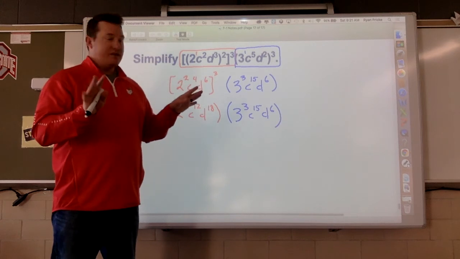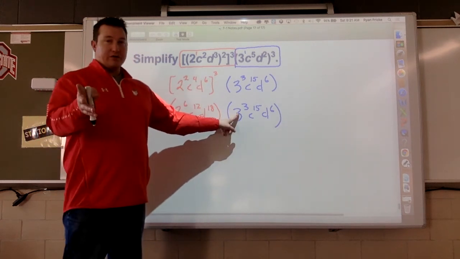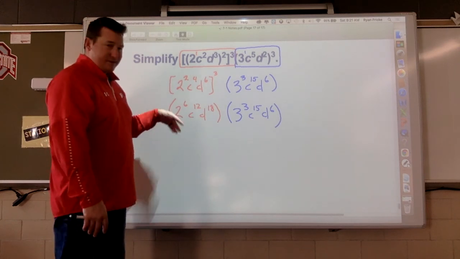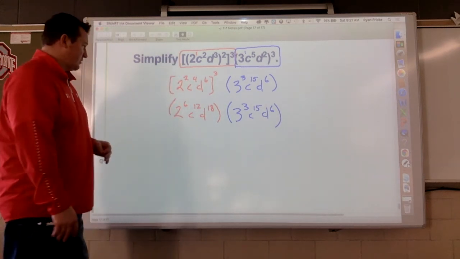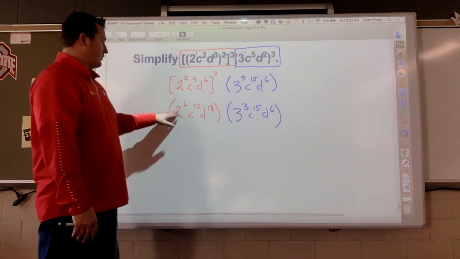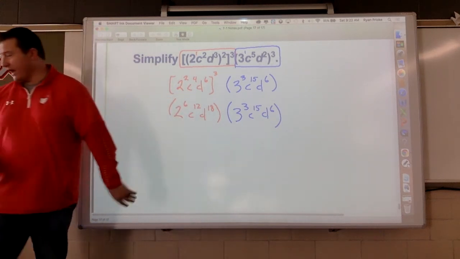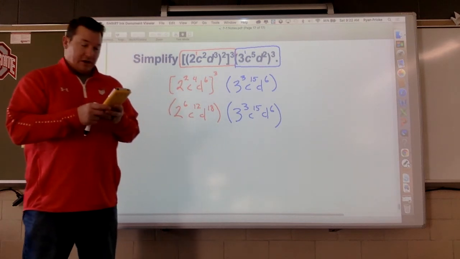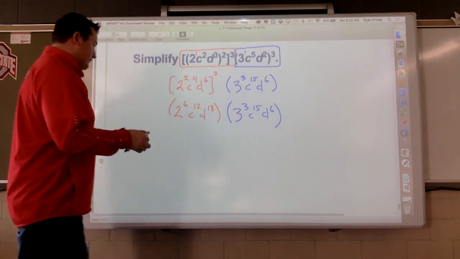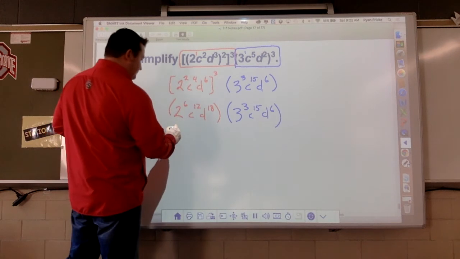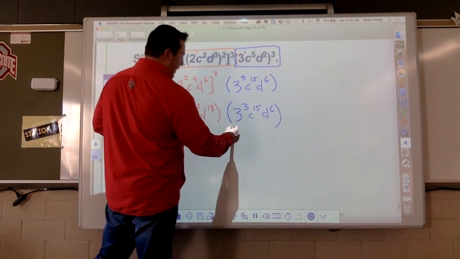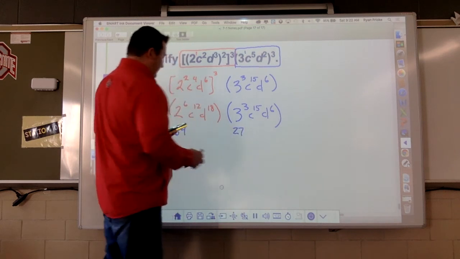Nor do I think either one of these are really big numbers. 3 to the third power is just 27. 2 to the sixth power is going to be maybe like 64, 32, something like that. We should probably figure that out since those are my first two numbers. Handy dandy calculator. Too early, guys, to calculate. 2 to the sixth power is 64. 3 to the third power, 27.